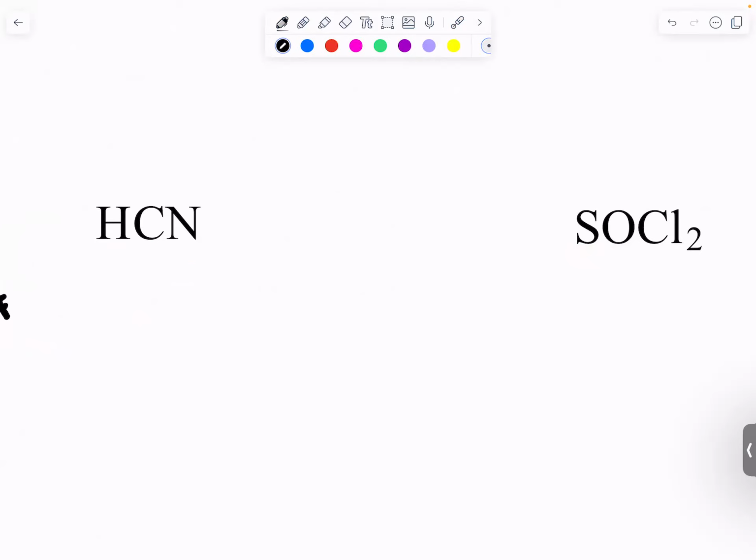HCN, is this when it's triple bonded to N? One, two, three. And then lone pairs? There's one lone pair on the nitrogen. Good. Okay, so I see two things here.